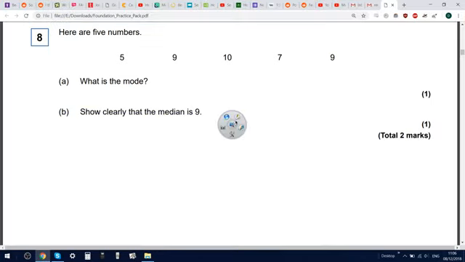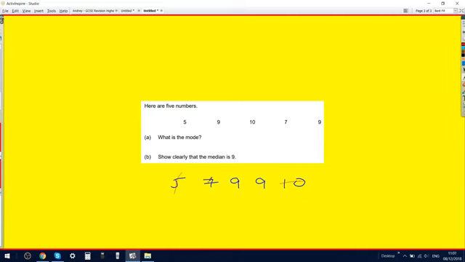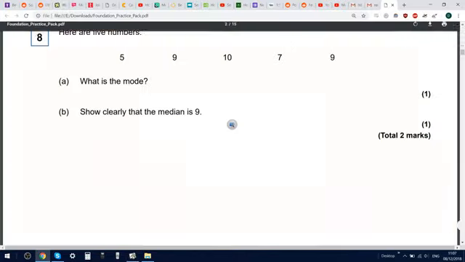And then how do you show that the median is 9? Would you cross out each number from each side until you get to the middle? Okay. And that leaves you with 9. Yeah. That's it.